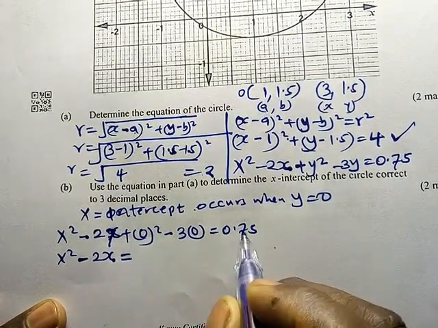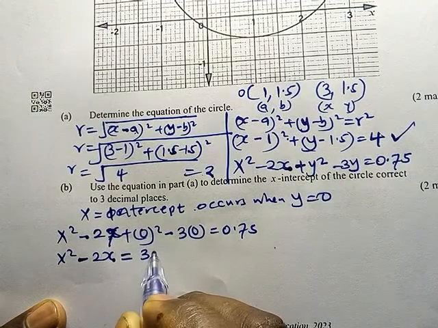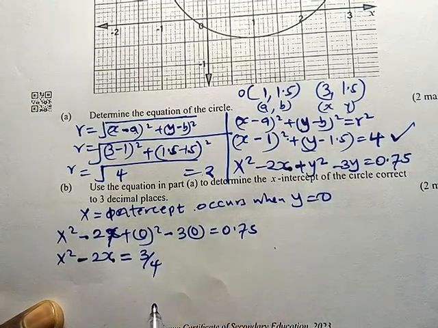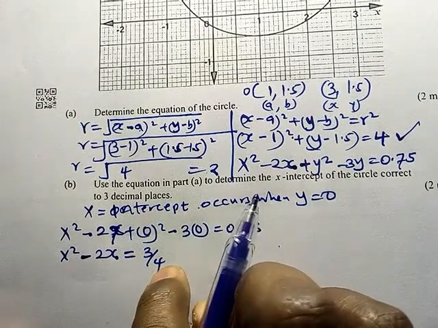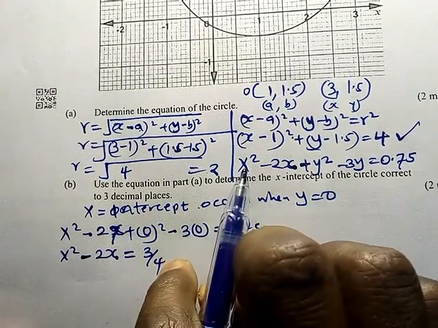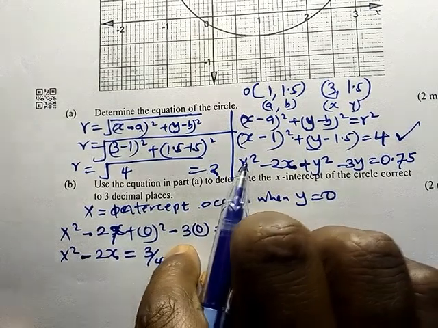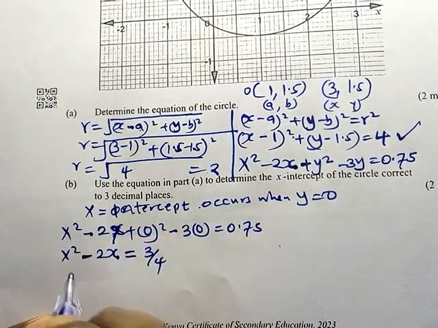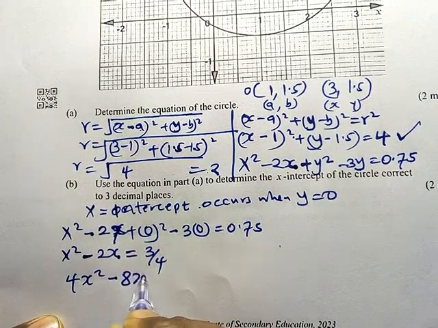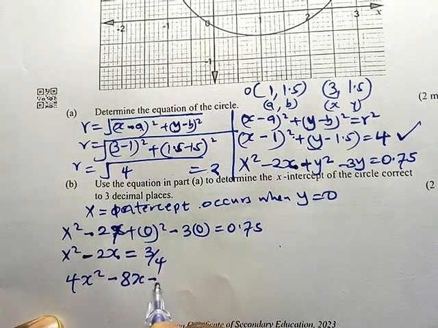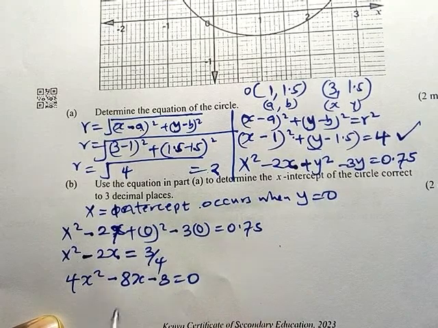is equal to 0.75, which is the same as 3/4 if we write this one in fraction form. But actually, let me multiply every term by the denominator, times 4. We will have 4x squared minus 8x minus 3 is equal to 0.